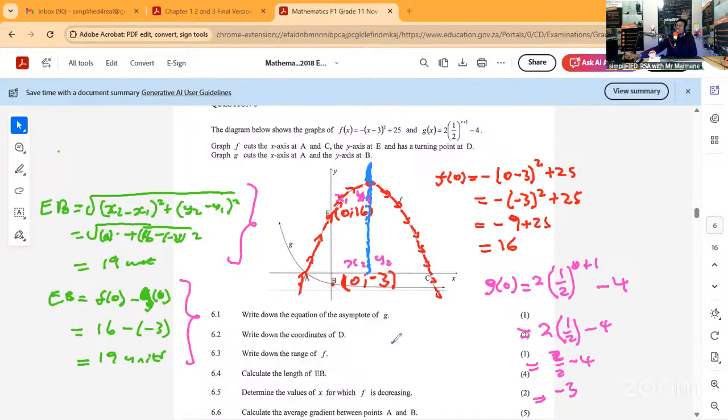So you don't say x is equal to 3. You say the function is decreasing at x is greater than or equal to 3, because for all the values after that it's going to keep on decreasing.